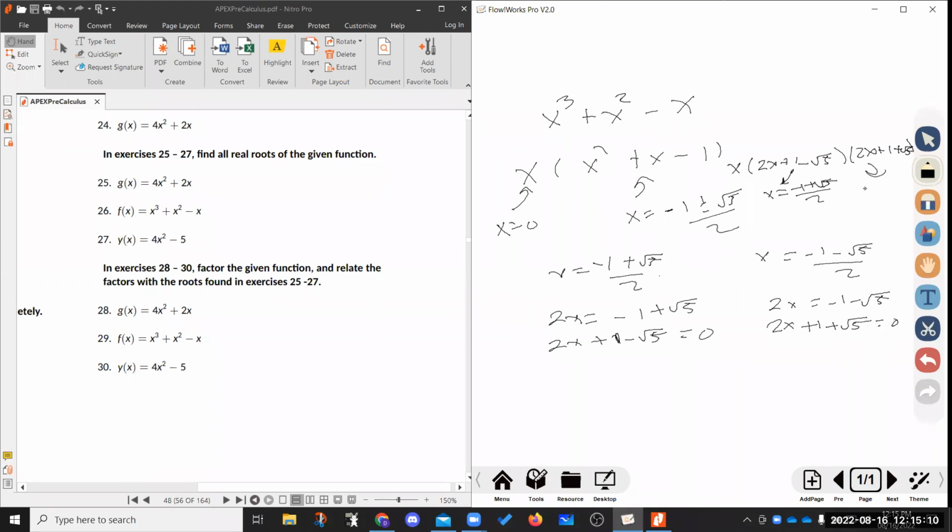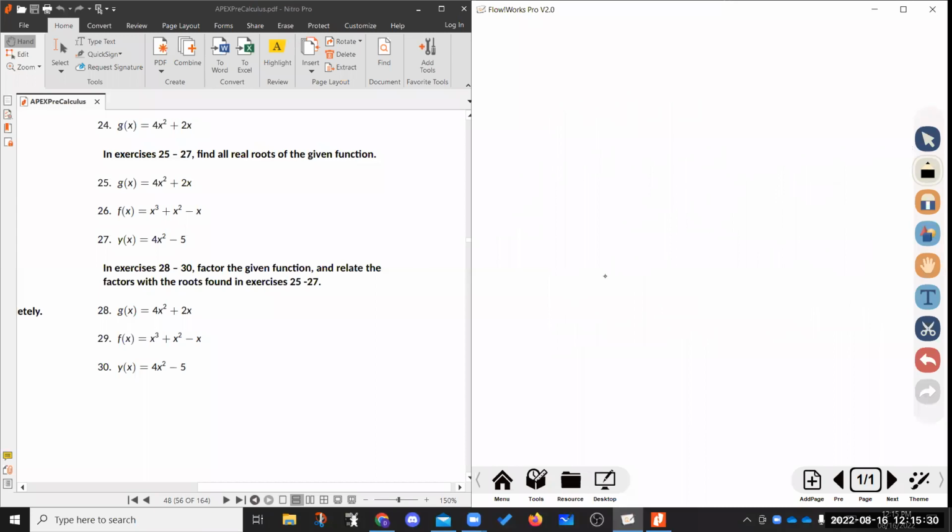And this is the one that would generate the answer of x equals negative 1 minus root 5 over 2. So I can write it as a product of linear factors, even though that's not factorable across the rationals. I still can use a quadratic formula along with the zero factor property to factor it more completely.